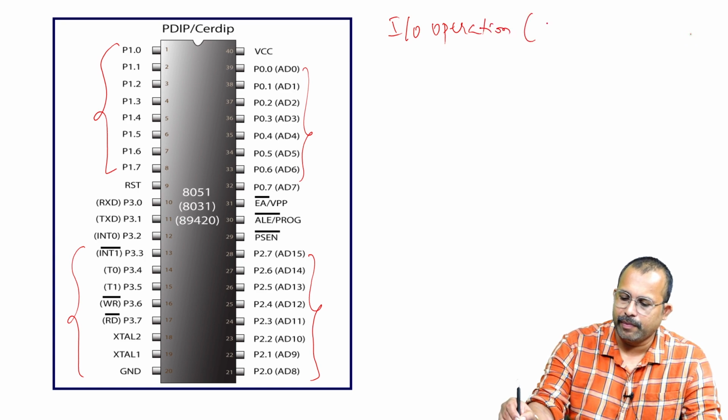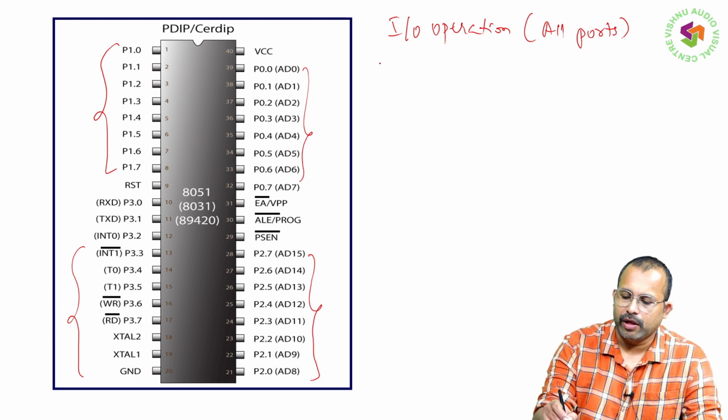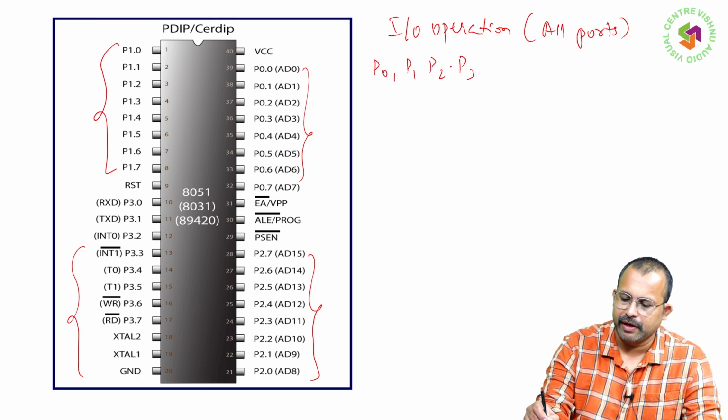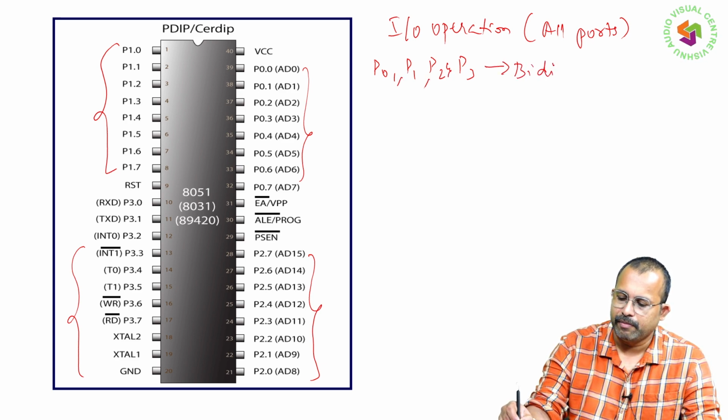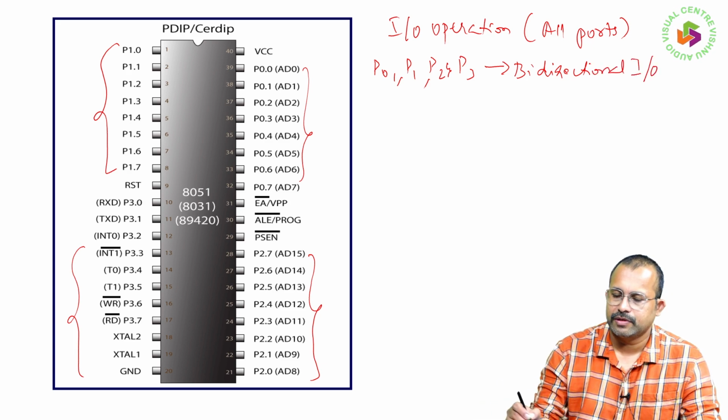if all the ports are used for connecting IO devices, all the ports P0, P1, P2 and P3 will be acting as bidirectional IO ports.